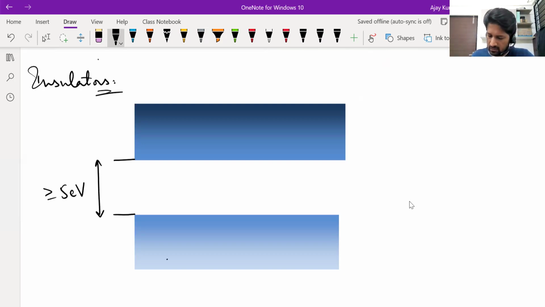So electrons will typically be in the valence band, right? By themselves or by interacting with other electrons, they will never be able to attain sufficient energy to jump into the conduction band. And there can never be electrons between the conduction band and the valence band. This is called the forbidden energy level.